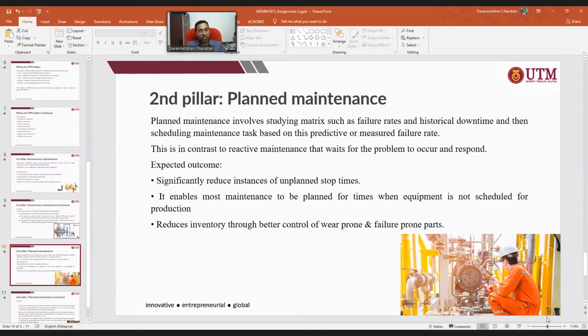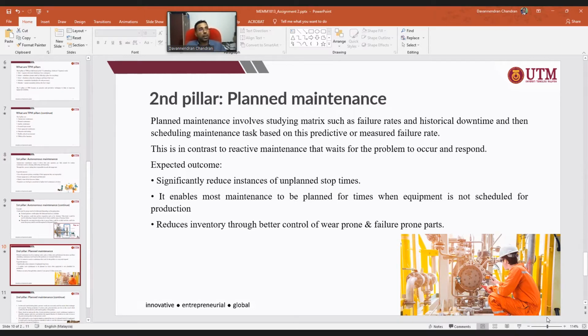The expected outcome from this is that it significantly reduces the instances of unplanned stop times, right? This is very critical because you do not want the plant to stop when it is needed to run. So you would be able to prevent this sort of unwanted circumstance. It also enables most maintenance to be carried out when it is scheduled for not running.